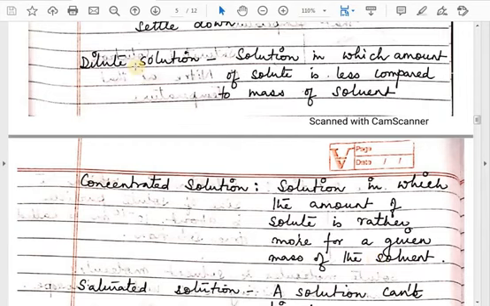If you calculate the percentage, you will find the percentage of solvent in dilute solution is higher than the percentage of solvent in concentrated solution.